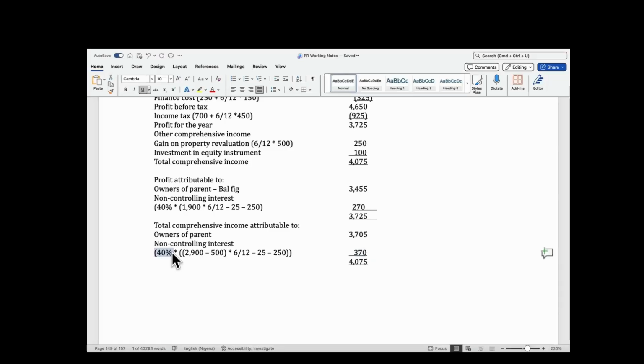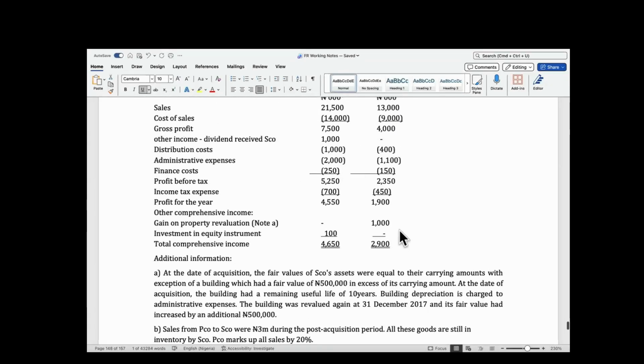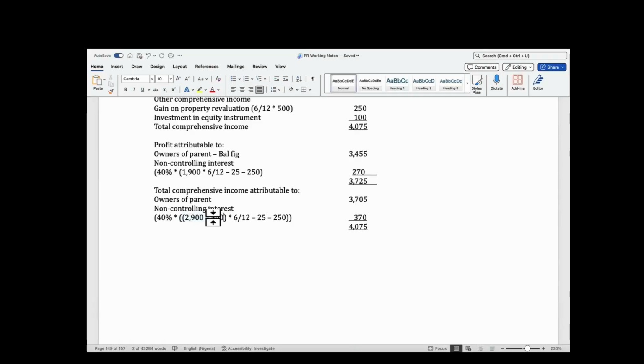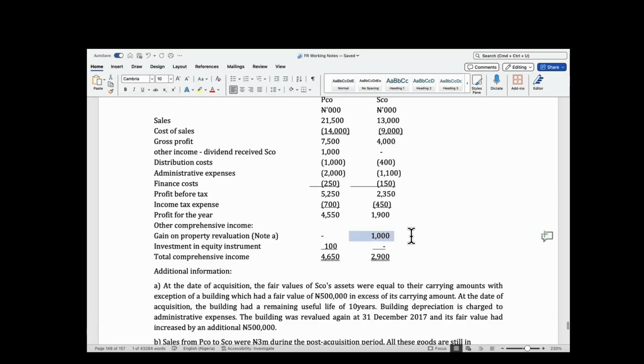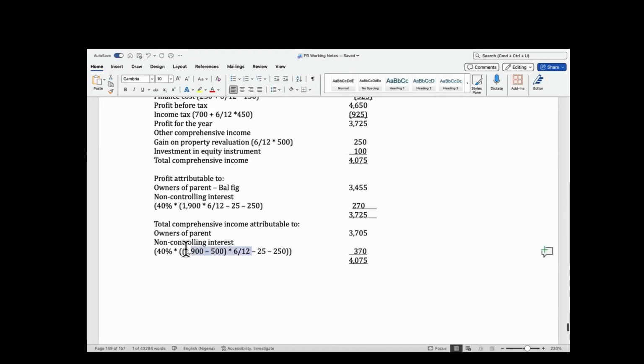So you do 40%, not on the group total comprehensive income, but on his own total comprehensive income, the subsidiary's, I mean, which is 29. So we did 29. I had to remove this 500, this pre-acquisition reserve that is included here. I removed that because it has been cancelled out. So I removed that 500. Then I took 6/12 of that because I acquired the subsidiary during the year.